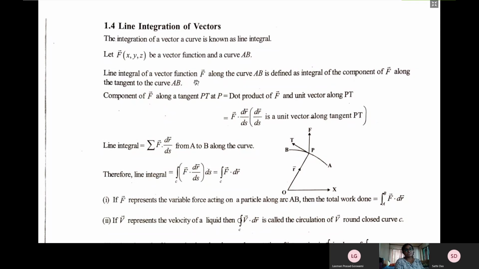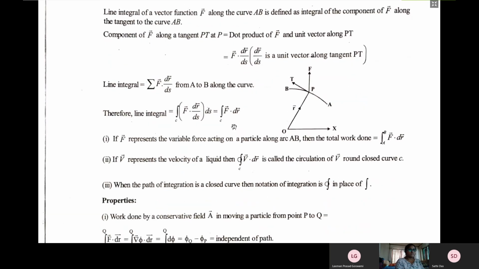So the line integral of a vector function along the curve is defined as the integral of the component of f along the tangent to the curve AB. So first you have to find the component of f along the tangent of this curve, and that is the line integral, represented by integration over C of f dot dr.